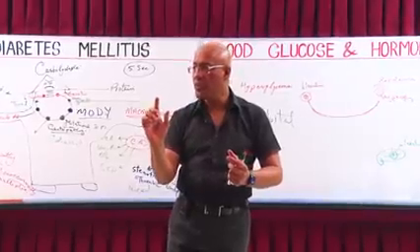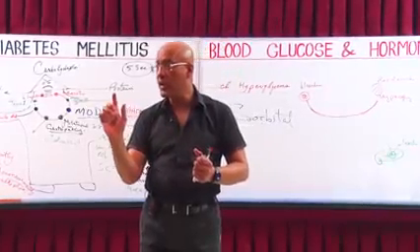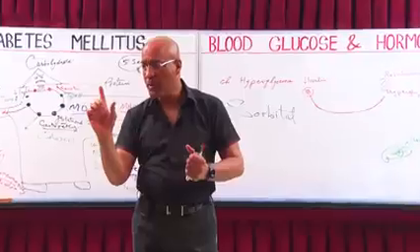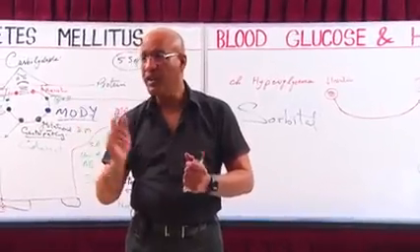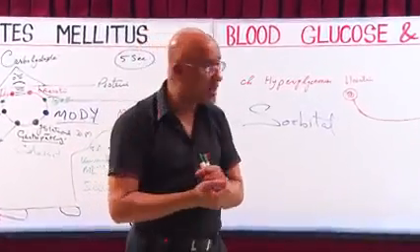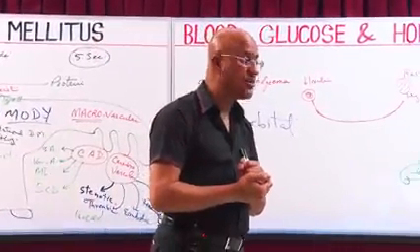So parts of the lens become opaque. So we say cataracts develop, and these are also diabetic cataracts.